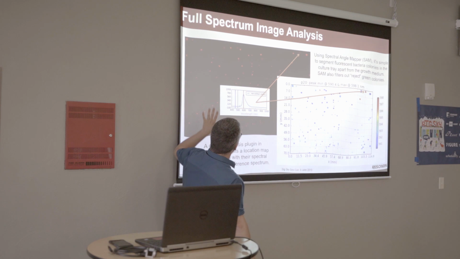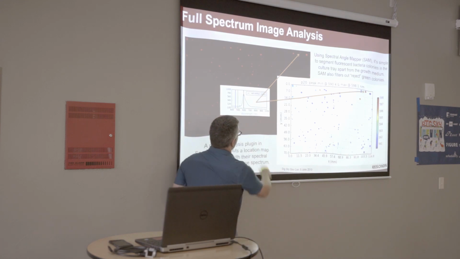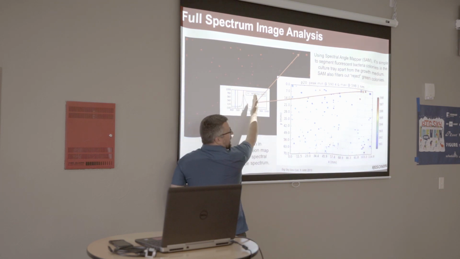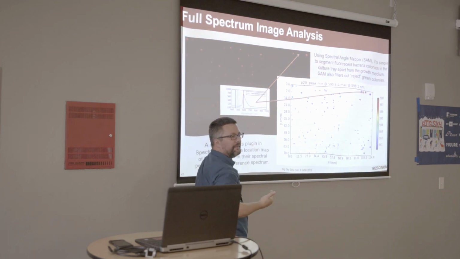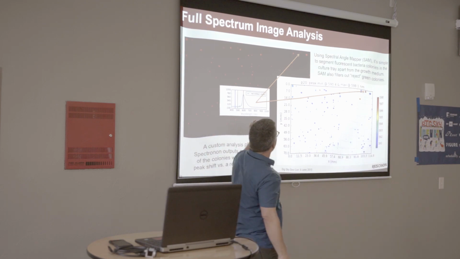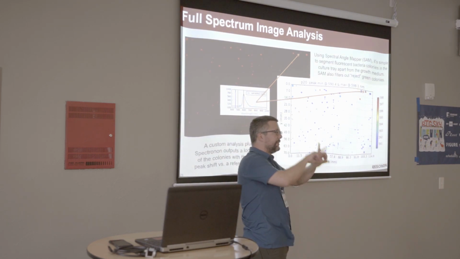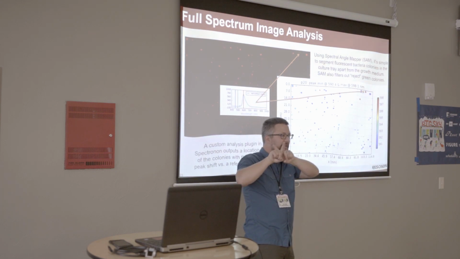This is one of the images from that tray that we lit up with the green light. They fluoresced in red light, and the fluorescence looks like this, and its peak is definitely in the red. That peak will move around based on how they've mutated the bacteria. And so I was able to use the spectral angle mapper, which is basically, you know how you learned about the angle between two vectors in 3 space?